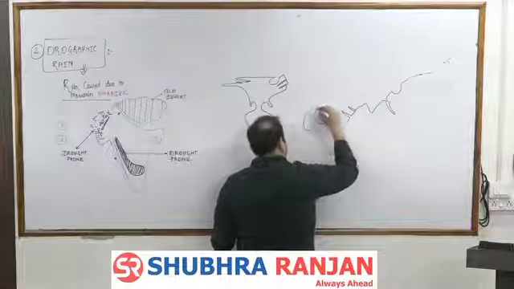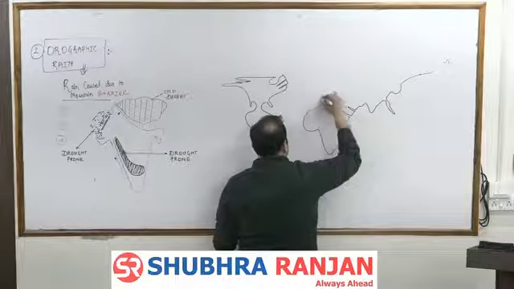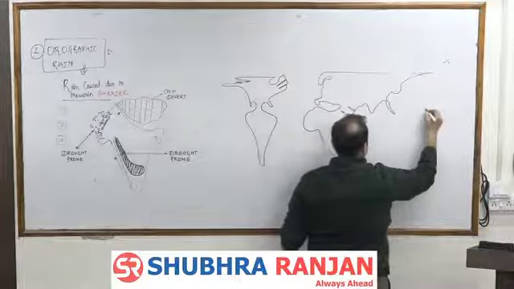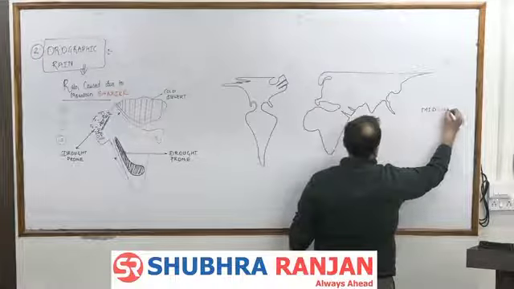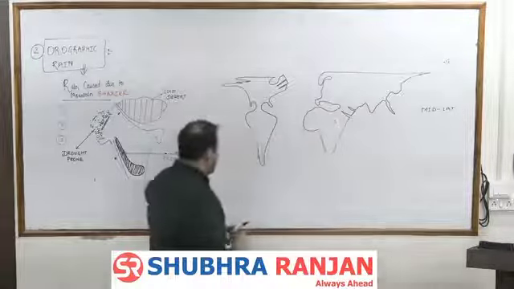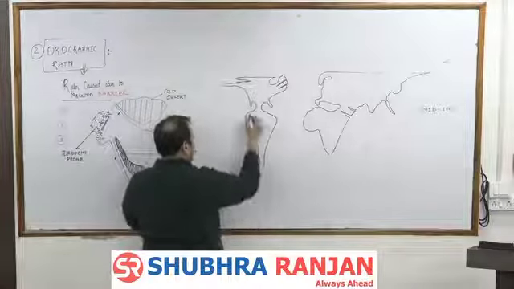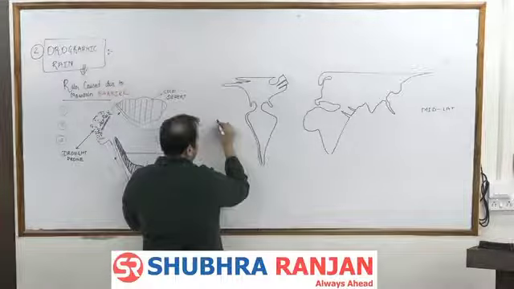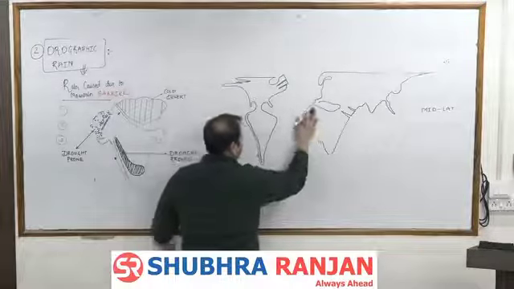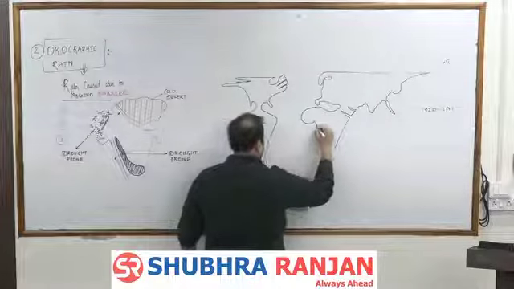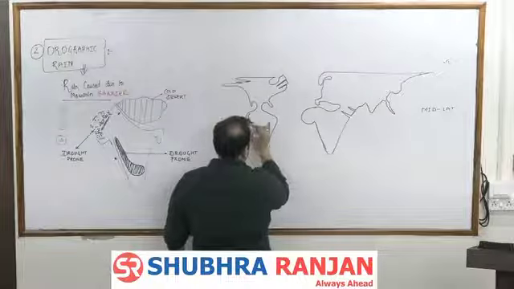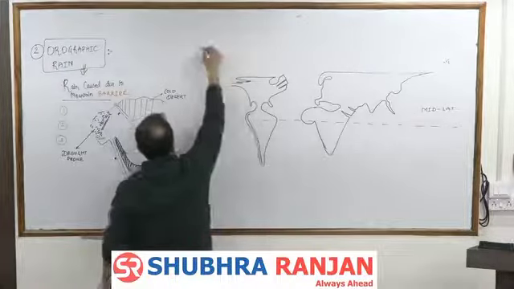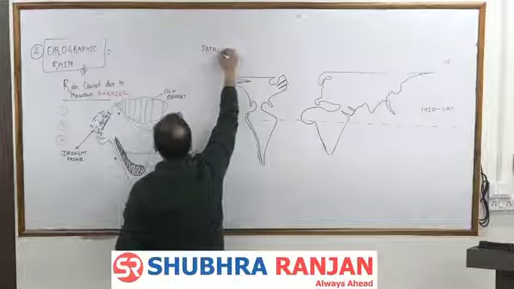The famous mid-latitude desert regions are: 1, Patagonia Desert.